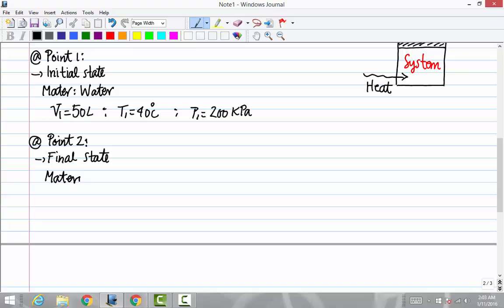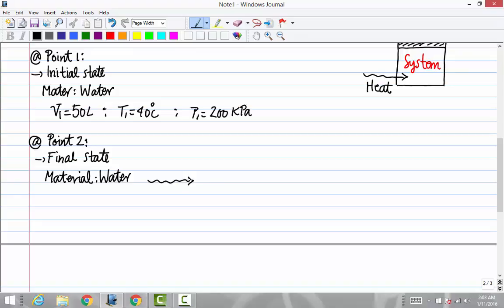The material is still water, but there's a plus here because it says the status of the water. It says heat is transferred to the water at constant pressure until the entire liquid is vaporized.